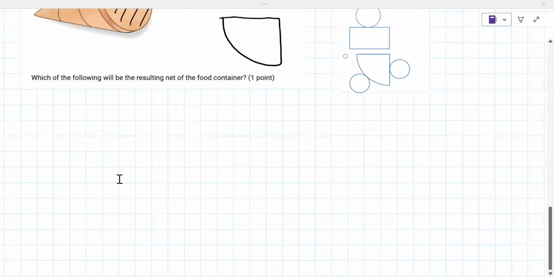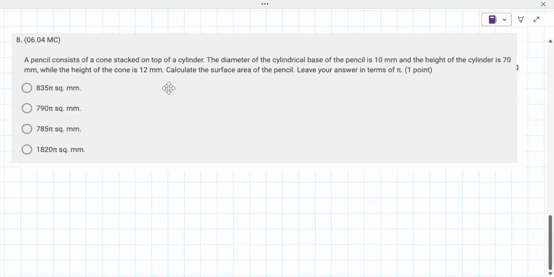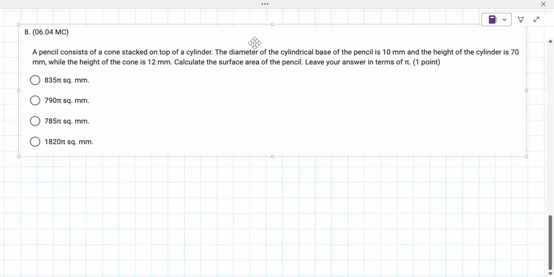Let's take a look here. A pencil consists of a cone stacked on top of a cylinder.